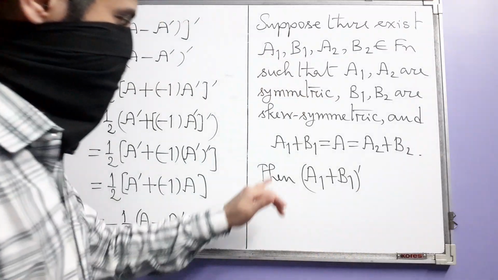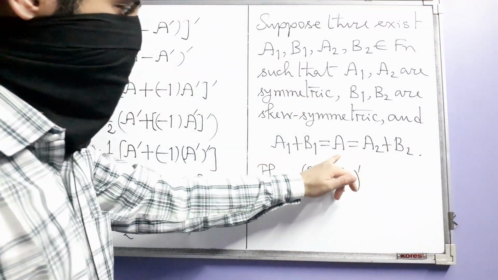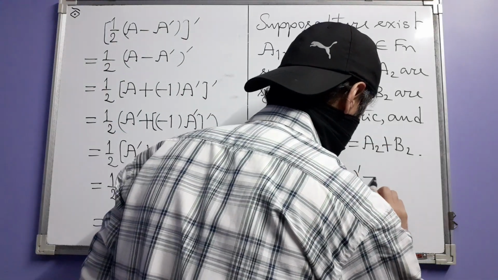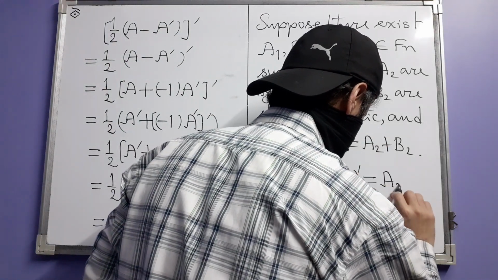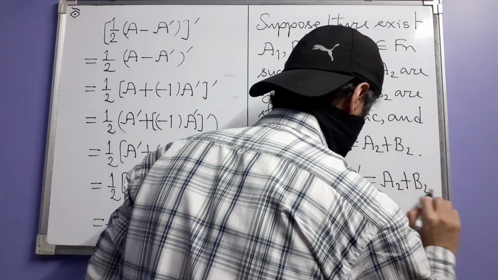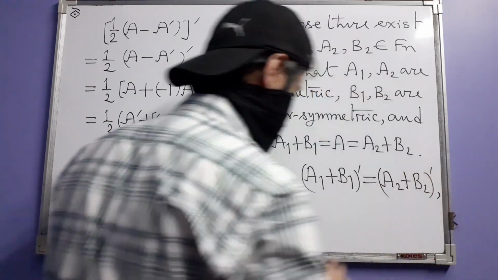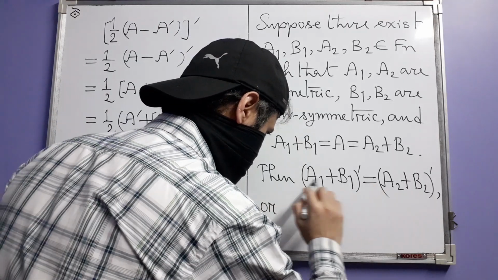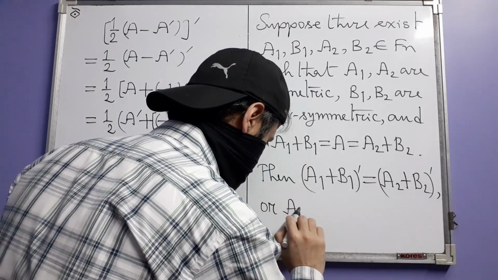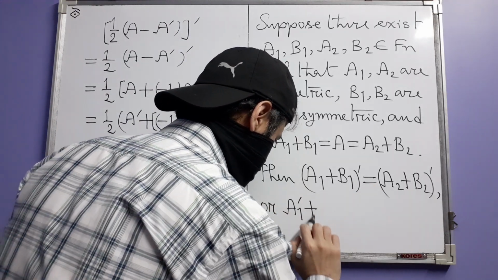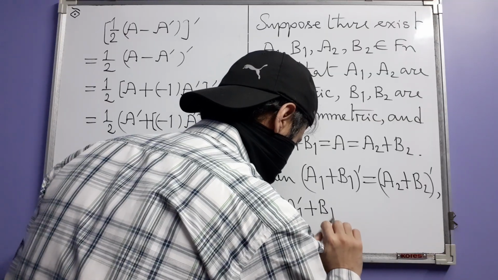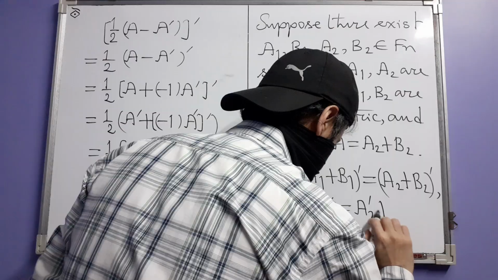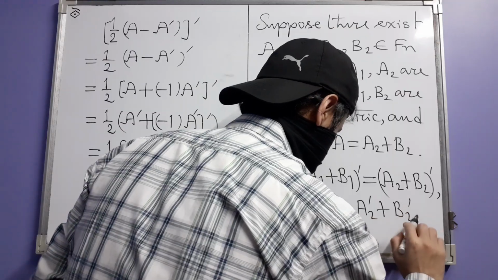Now our focus is on these matrices, so we leave A. You can take transpose inside the sums: A1 transpose plus B1 transpose equal to A2 transpose plus B2 transpose.